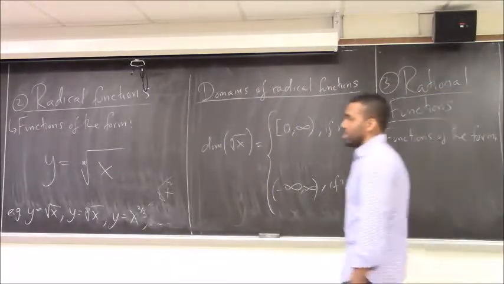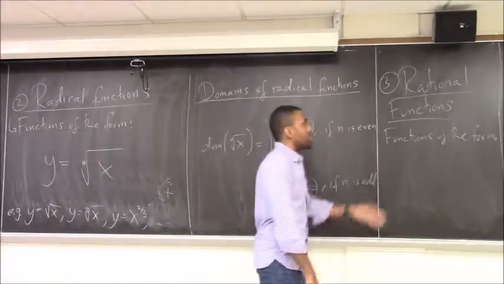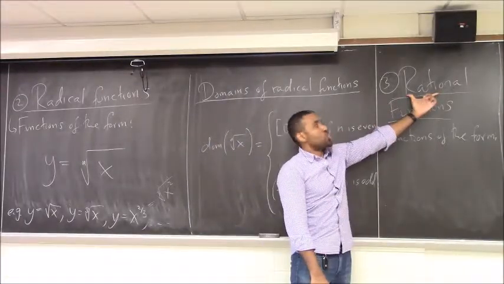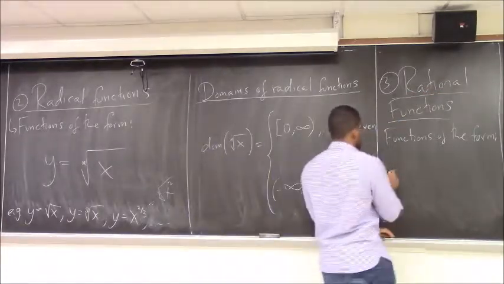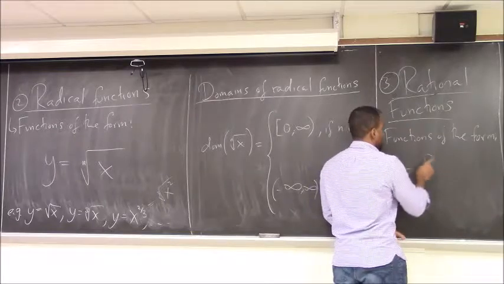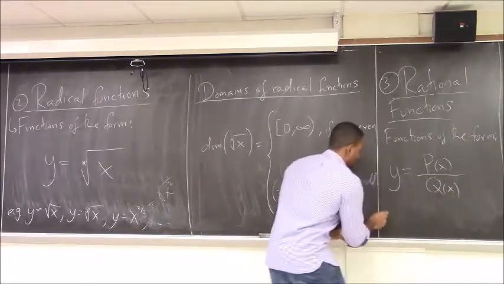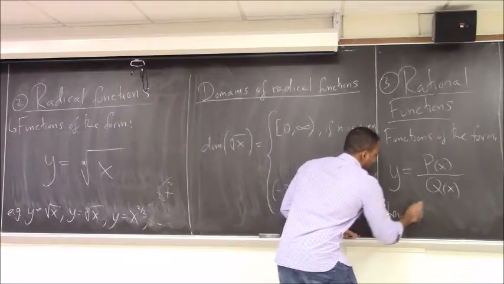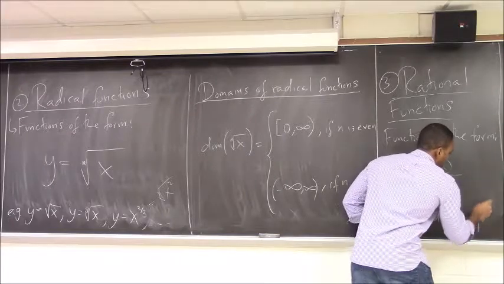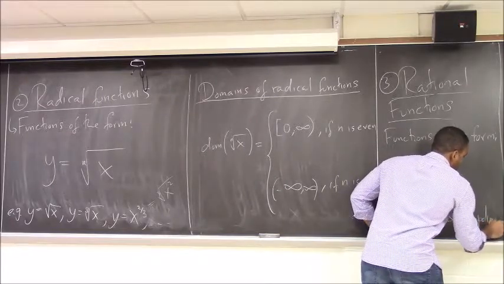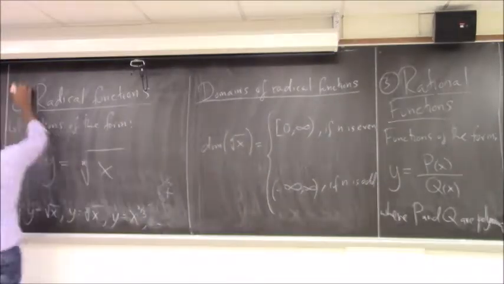The root word here is actually ratio, so you're taking a ratio of polynomials, and you call that a rational function. These are functions of the form p of x divided by q of x, where p and q are polynomials. Functions like that we call rational functions.